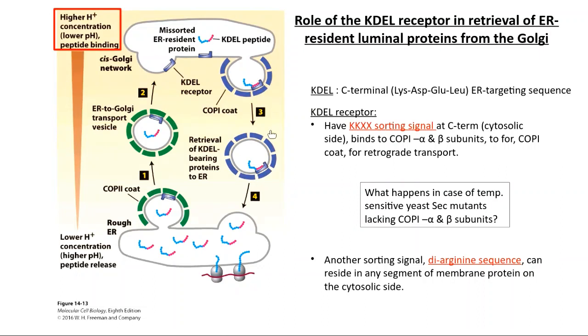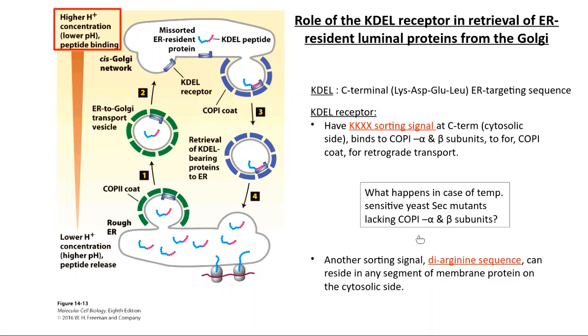So the COP1 coated vesicle will not form. So the missorted proteins won't be able to return back to the ER compartment. They will stay in the cis Golgi compartment itself.